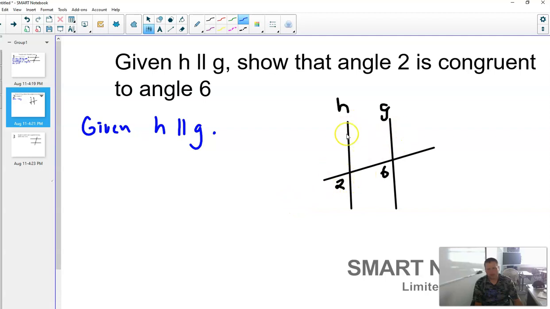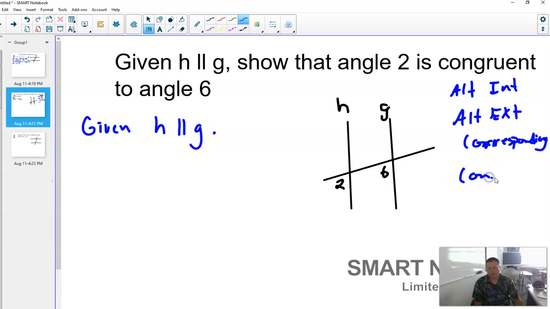If these are parallel, all my rules are on. My rules about alternating interior angles, exterior angles, corresponding angles, and consecutive interior angles. The rules are that alternating interior angles are congruent, alternating exterior angles are congruent, corresponding angles are congruent, and consecutive interior angles are supplementary.